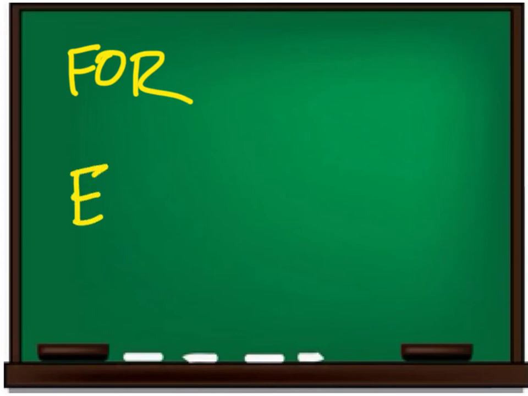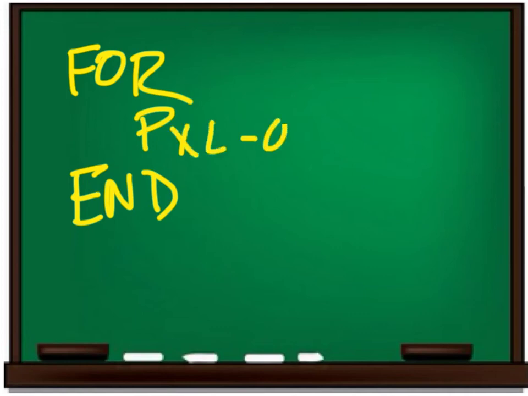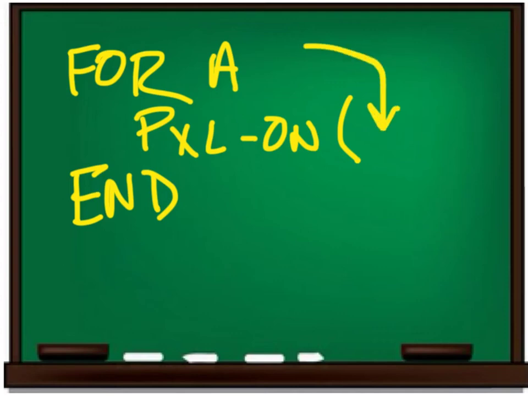End, yeah. So in between there, if you wanted to create some pixels and bump them over a certain way, you could have the pixel on command, pxl-on, and then include whatever variable you had in there. Maybe even more than one.